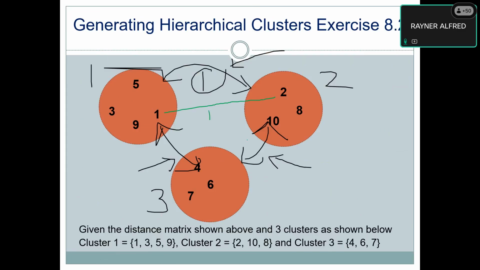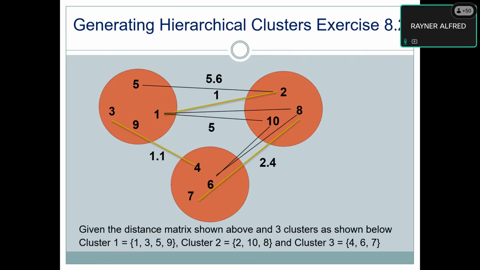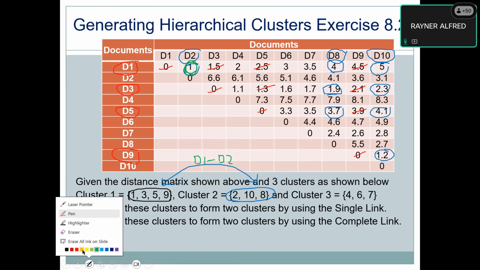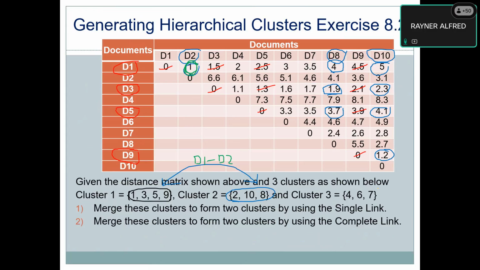Okay, now we need to determine the shortest distance between cluster 1 and cluster 3. How do we do that? We go back to here again, and now we use a different color, let's suppose gold. Cluster 3 has documents 4, 6, 7, so we use this and this and this.